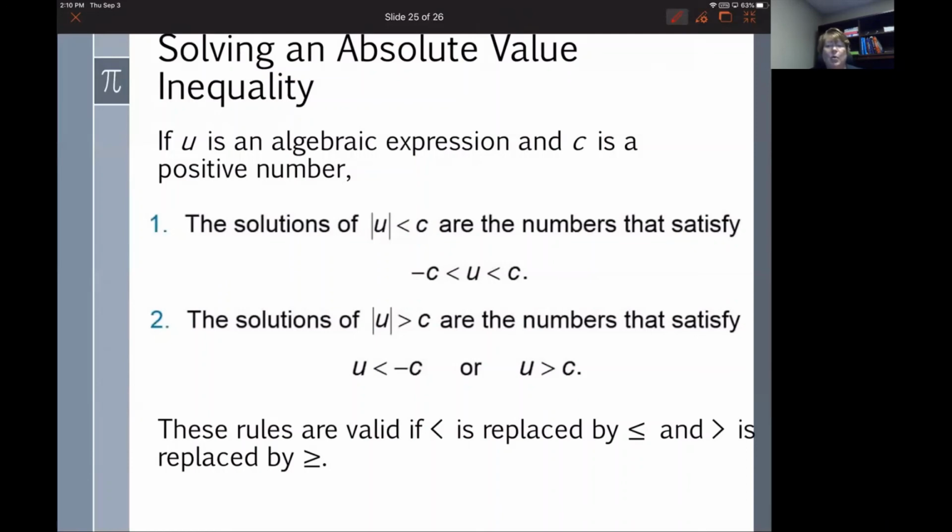There is no other way to solve this. Are you listening? To solve a greater than type absolute value inequality, you take the expression inside the absolute value bars. It can be less than the negative constant. Or it can be greater than the positive constant.